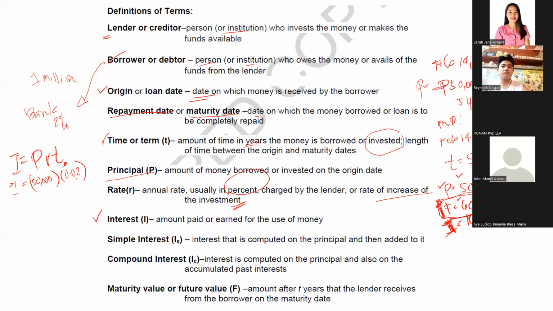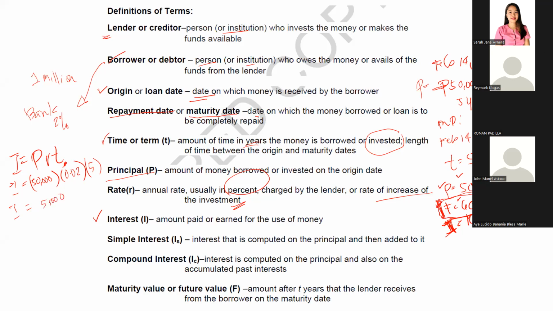Ang r dapat palaging naka-decimal value. And t, sabihin natin 5 years. So, i-compute mo lang ito, that will be the interest. So, say for example, 50,000 times 0.02 times 5 is equal to 5,000.